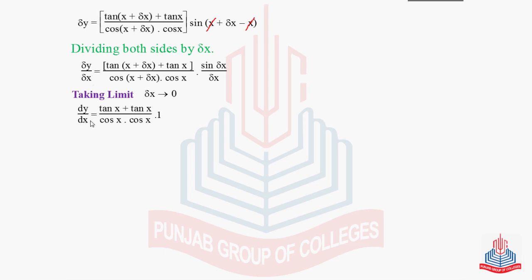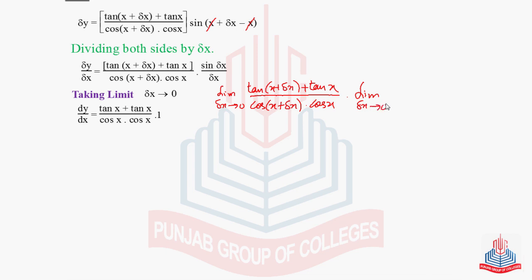And when we apply limit delta x approaches to 0 on the right hand side, the limit will apply on limit delta x approaches to 0 of tan x plus delta x plus tan x divided by cos x plus delta x into cos of x, and limit delta x approaches to 0 of sin delta x divided by delta x. So actually the limit will apply on both of these two parts explicitly or separately.